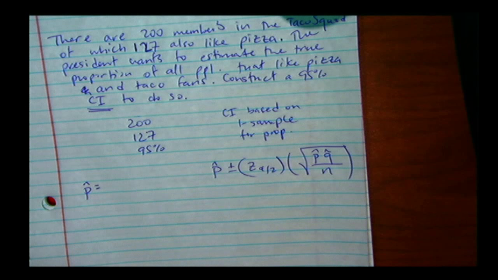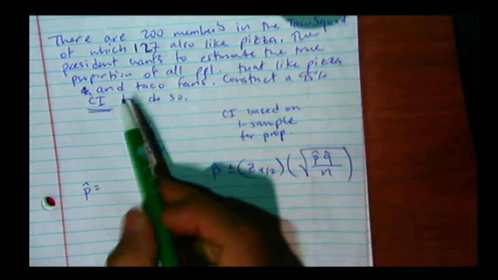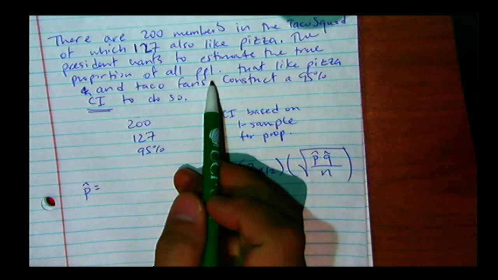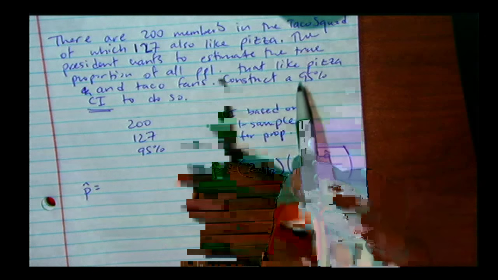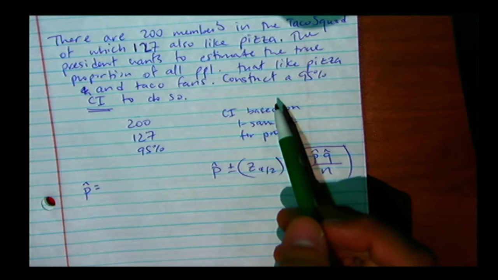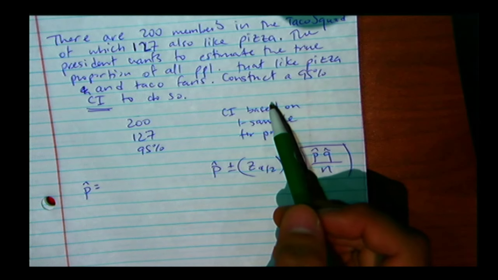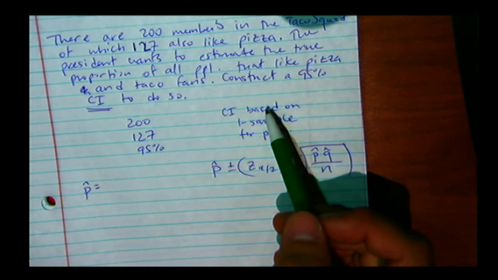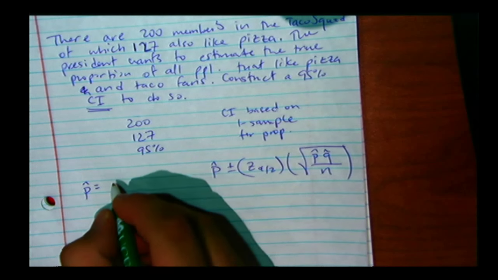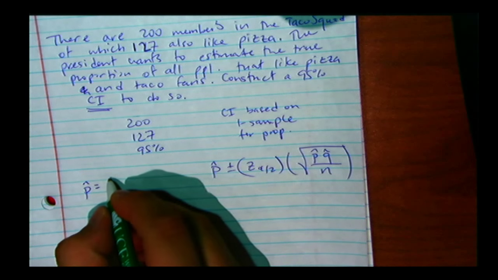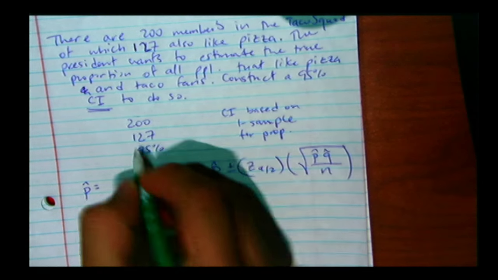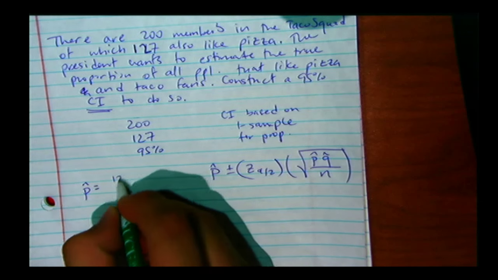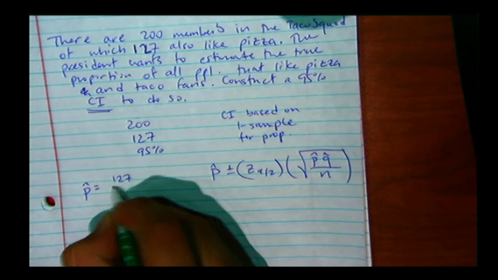The true proportion of all people that like pizza and tacos. So, the number of successes, which is 127, out of our sample of 200. Be careful that the numbers may be given to you in their raw form and not just specifically a proportion or a percentage that you can just plug right in. So they can be a little bit hidden there.